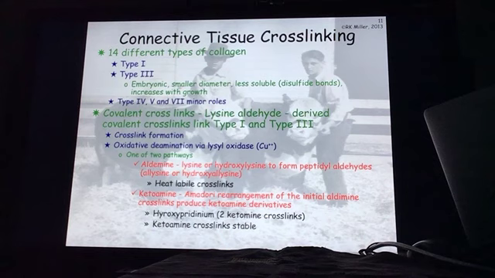This is a ketoamine crosslink, and there is an amino rearrangement of that initial aldeamine crosslink to produce a ketoamine derivative. That ketoamine derivative is insoluble. So this is step 1, this is step 2, both via lysyl oxidase. And step 2 occurs with more time.